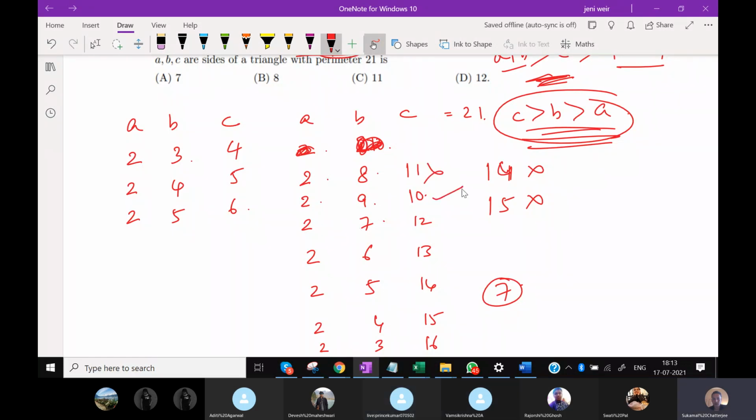This is valid. 7 plus 2, 9, this is not valid. 6 plus 2 is 13, this is not valid, not valid, not valid. Correct. So this is the only valid triplet with A equal to 2, right?